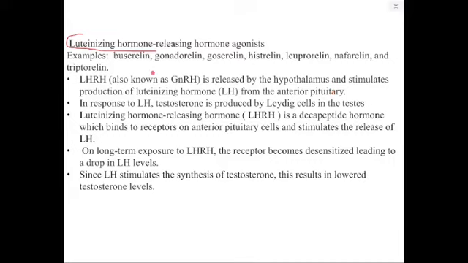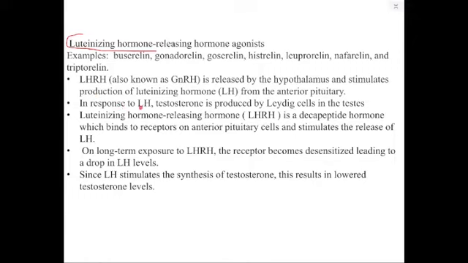So if you block the release of the luteinizing hormone releasing hormone, then it means you will not release the luteinizing hormone ultimately from the anterior pituitary. Once you do not do so, then of course again you will not release your sex hormones.